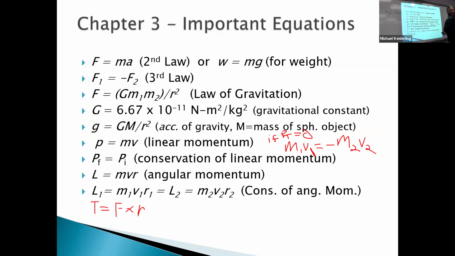Just know it's force times radius. I'm pretty sure the torque question is just multiple choice on the quiz. Just understand that a bigger lever arm gives you more torque, and more force gives you more torque. There are some details having to do with the angles, but you don't need to worry about that.